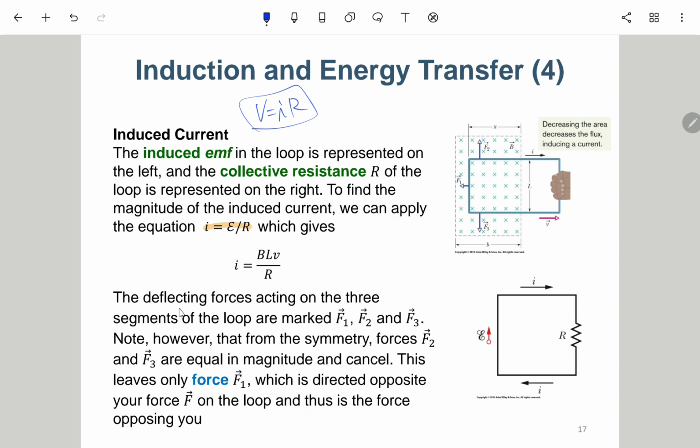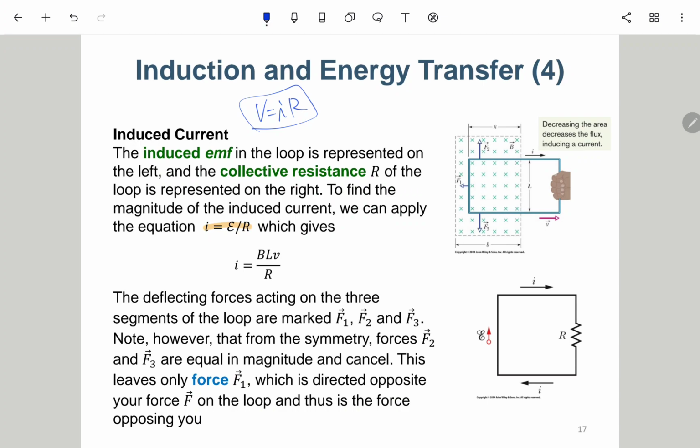The deflecting forces acting on the three segments of the loop are marked F1, F2, and F3. This is according to the Lorentz force we learned in chapter 28.